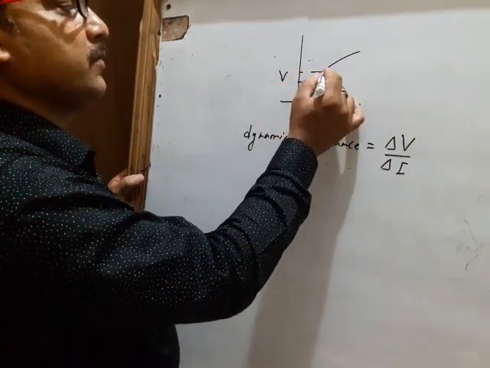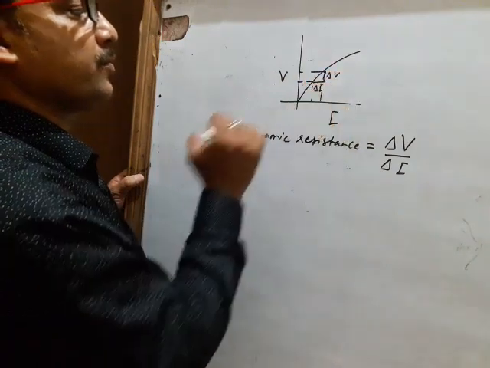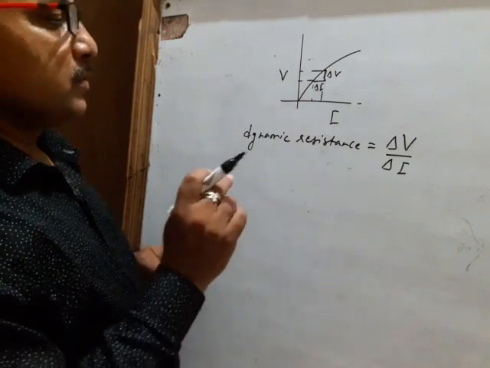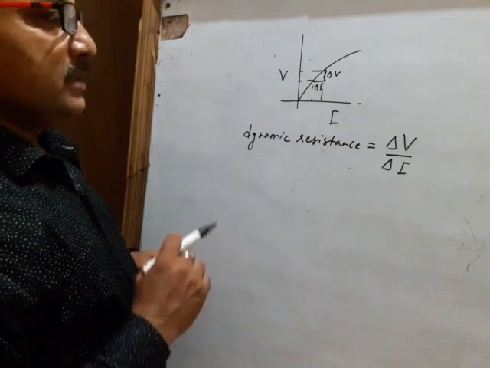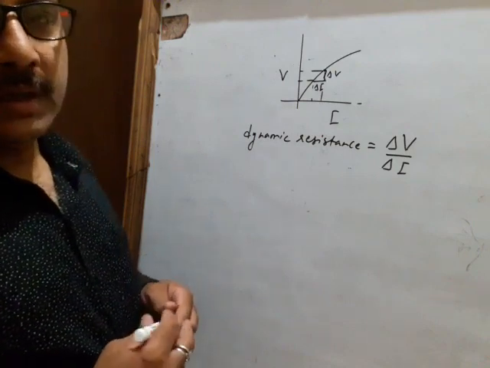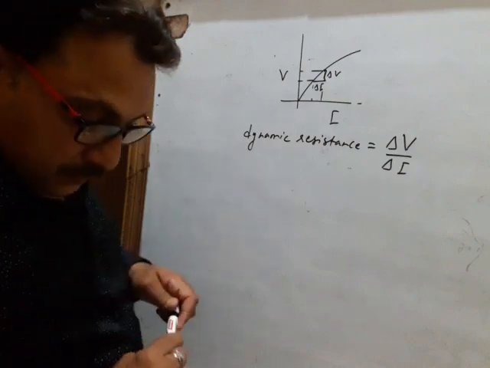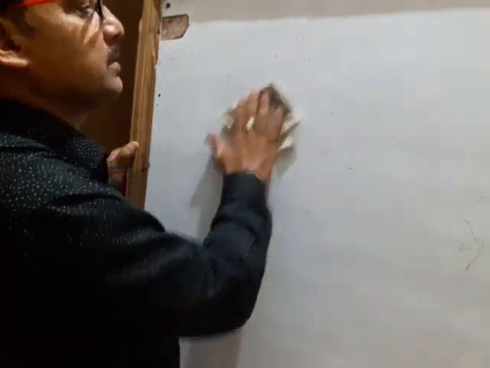So this will give you a change in potential and change in current for a small part of the conductor. So this will give you a dynamic resistance. So this is for non-ohmic conductors. So I hope this is clear. Small topics.